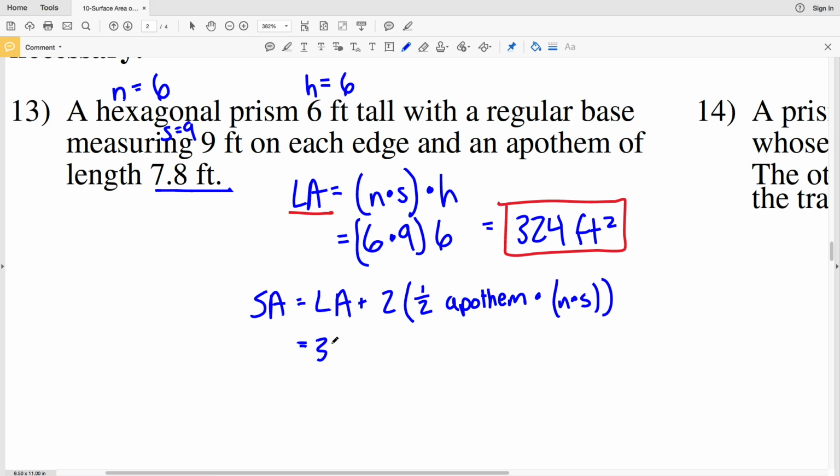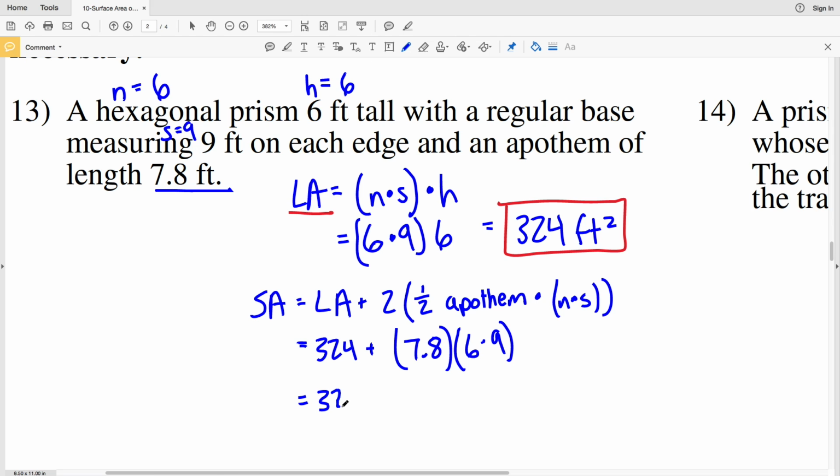So we're going to have 324 feet, which was our lateral area, plus 2 times 1/2, which is 1. So essentially we're just going to multiply the apothem, 7.8, times 6 times 9, our perimeter. Because the side length s is 9, and the number of sides for that hexagon is 6.